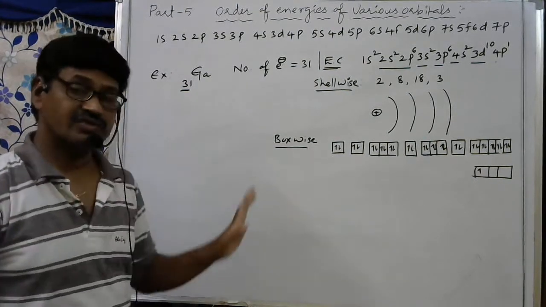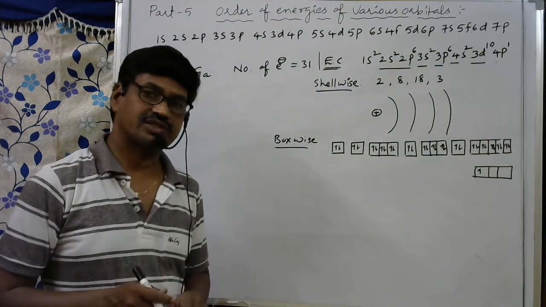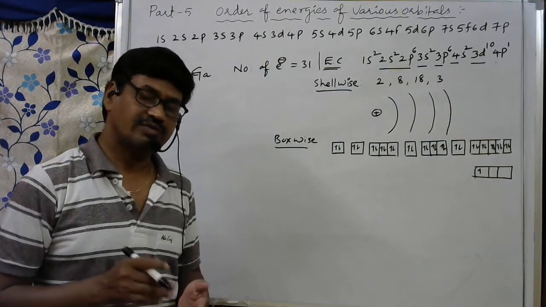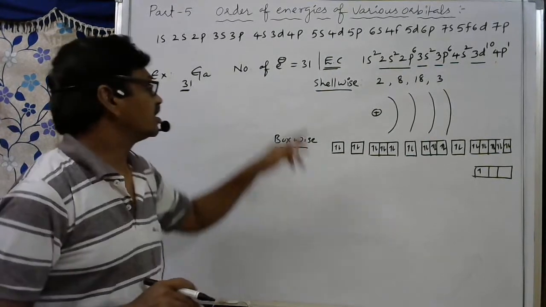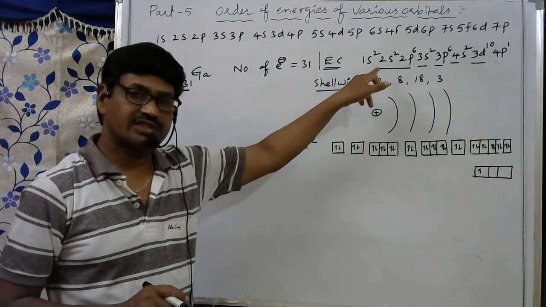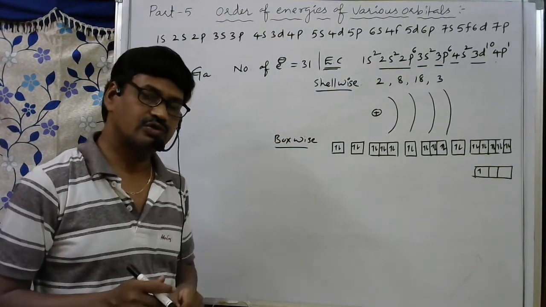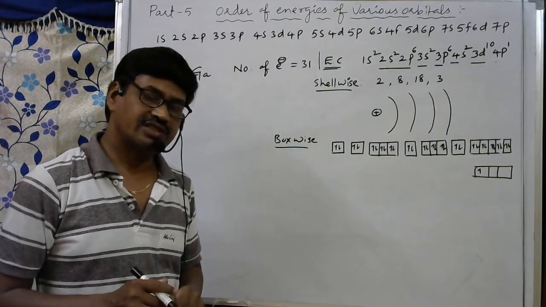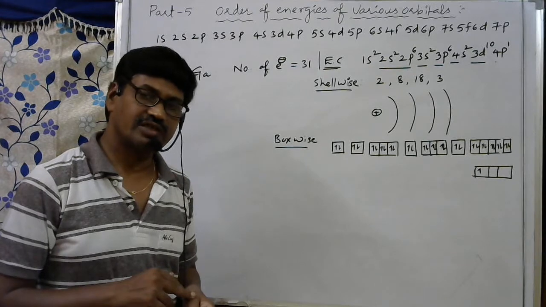Writing electron configuration is very important for understanding further concepts. If you don't know the atomic number, or how to write the electron configuration shell wise, orbital wise by the nlx method, or box wise, then it is somewhat difficult to understand further concepts, particularly chemical bonding or the periodic table.